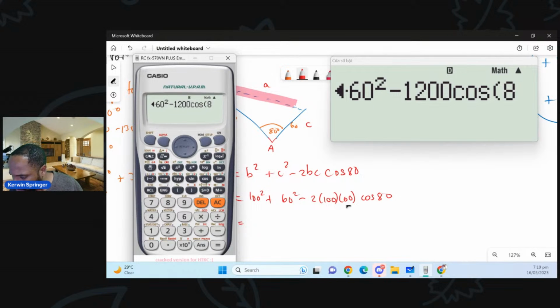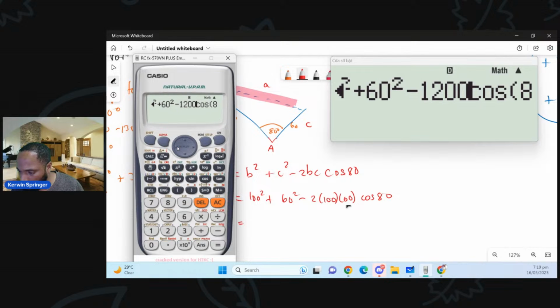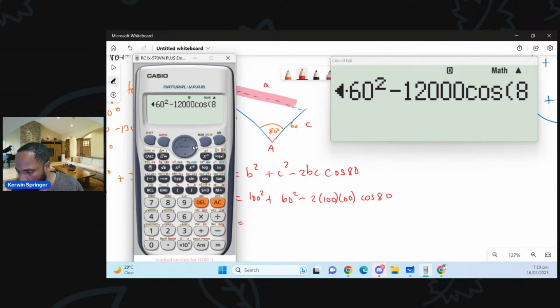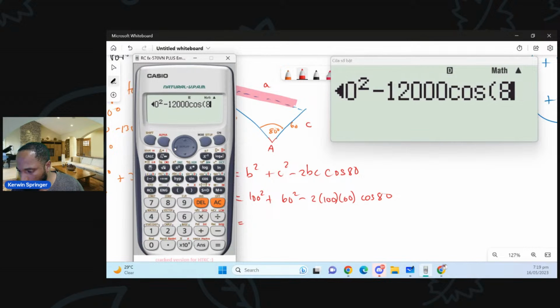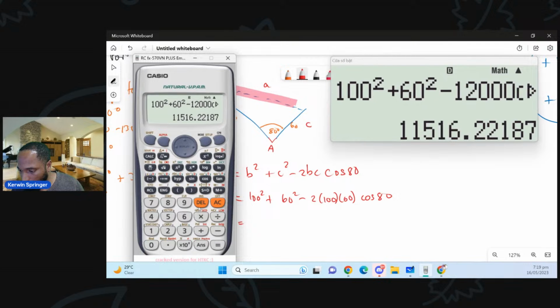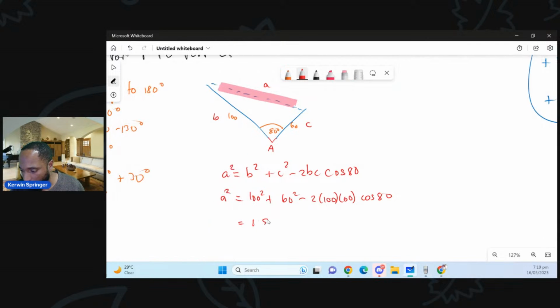12,000 cos 80, and you get this number, 11516.22. That's A squared, so don't forget to find the square root.